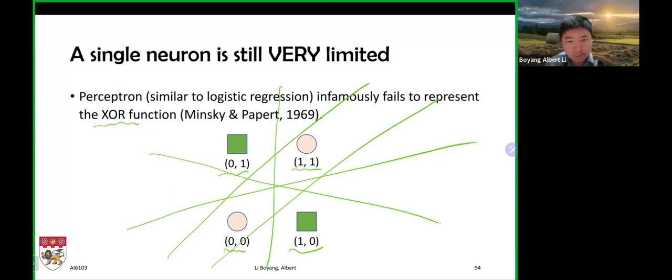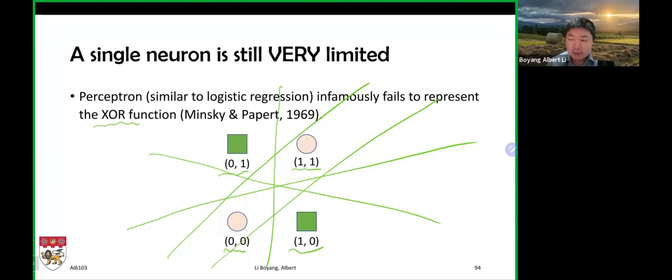This looks very intuitive, but that was a major finding in 1969, when two famous researchers, Minsky and Papert, published a book where they showed that this is an impossibility.